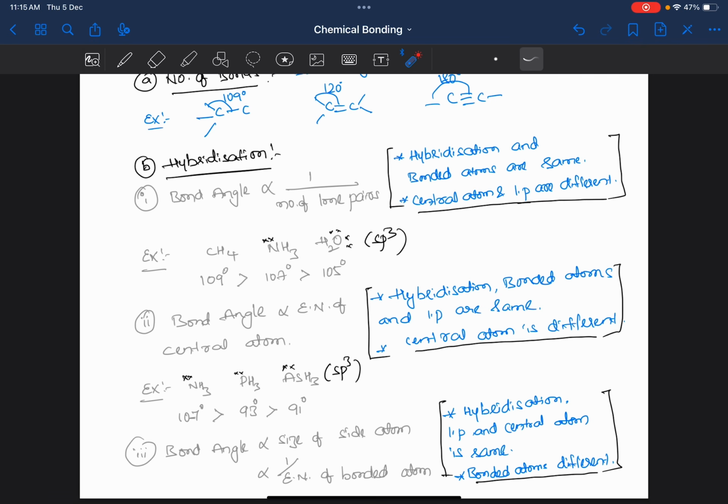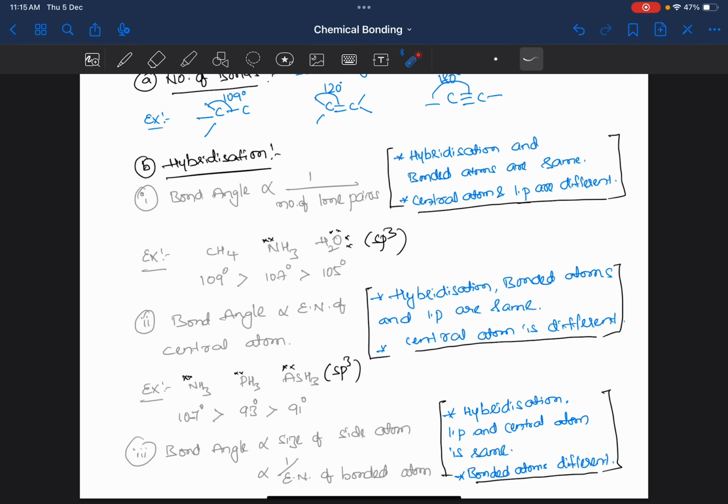How does it affect? On increasing lone pairs on the central atom, more repulsions occur. Due to these repulsions, the bond angle decreases. So due to more inter-electronic repulsions, bond angle decreases. Now see, in all these molecules sp3 hybridization takes place.